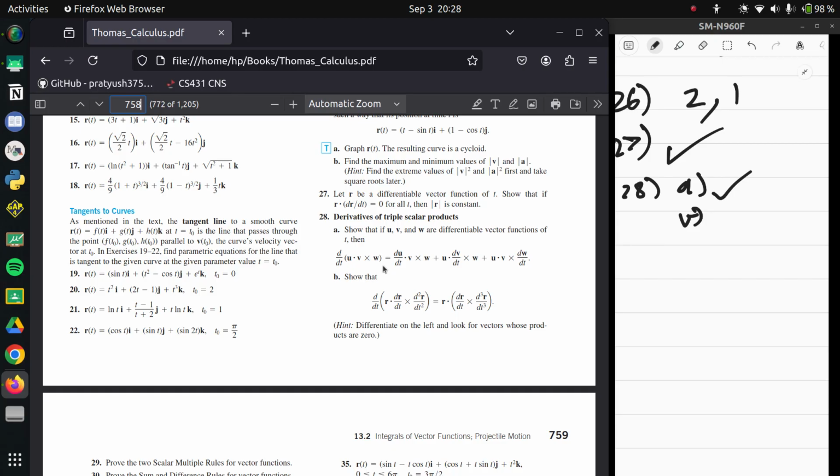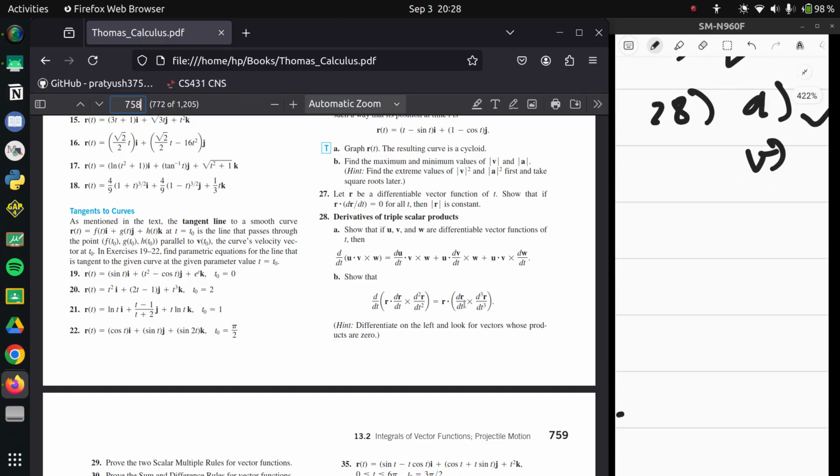Okay, so show that d by dt of r dot dr by dt times, okay, that's equal to this. Shouldn't be hard, just distribute and all. Just use this property, right? So what you have is r dot r dot, it's a box product, right?